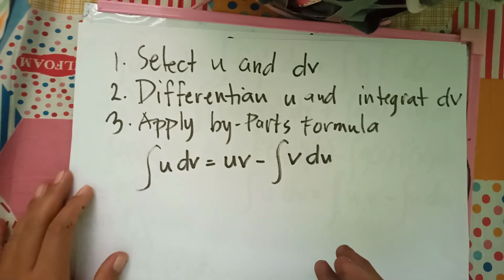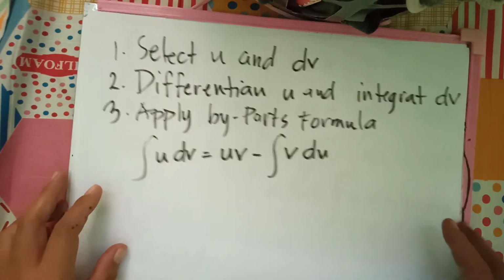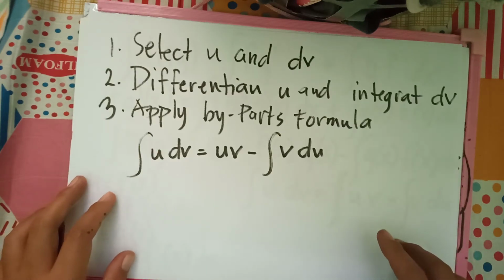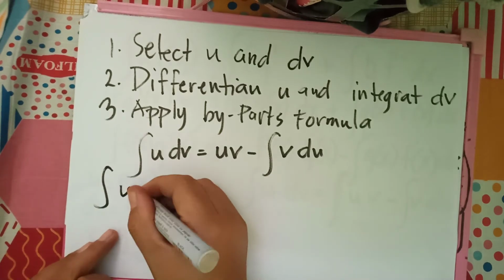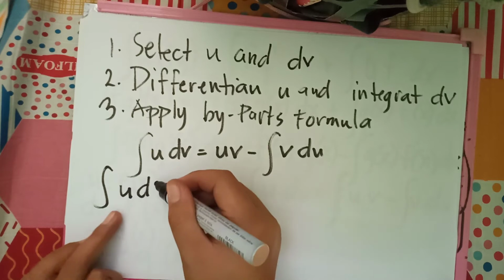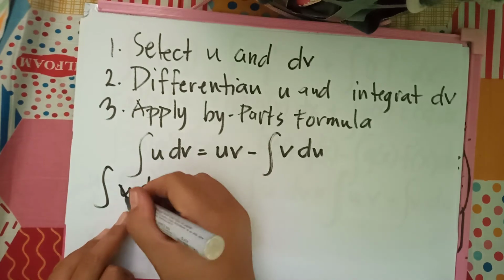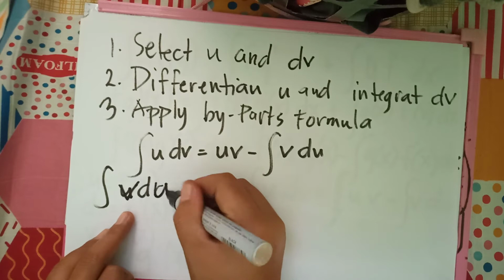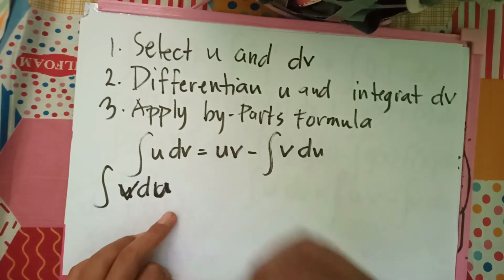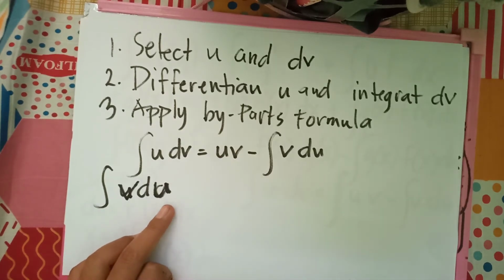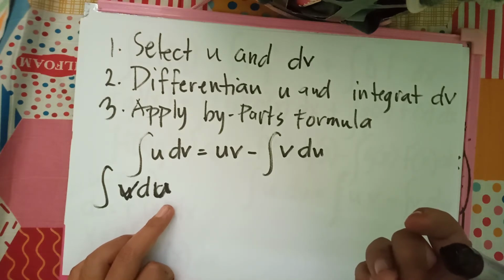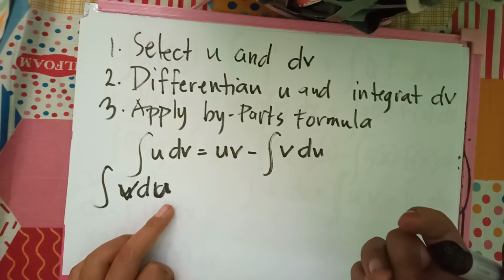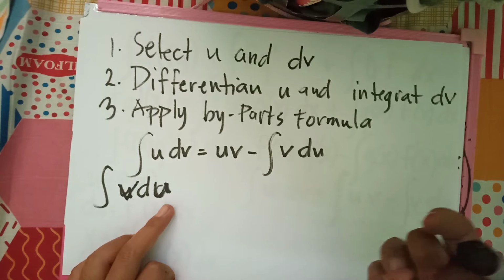So, your choice of u and dv is subject to trial and error. Okay? Hindi siya nakukuha kaagad. Okay? So, if the integral of v du upon the application of by parts formula is more complex in form than the given problem, then an error is committed.